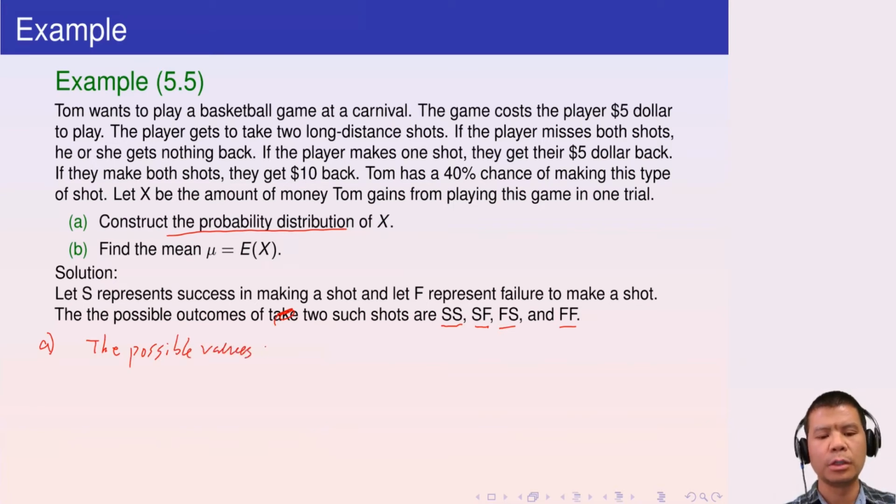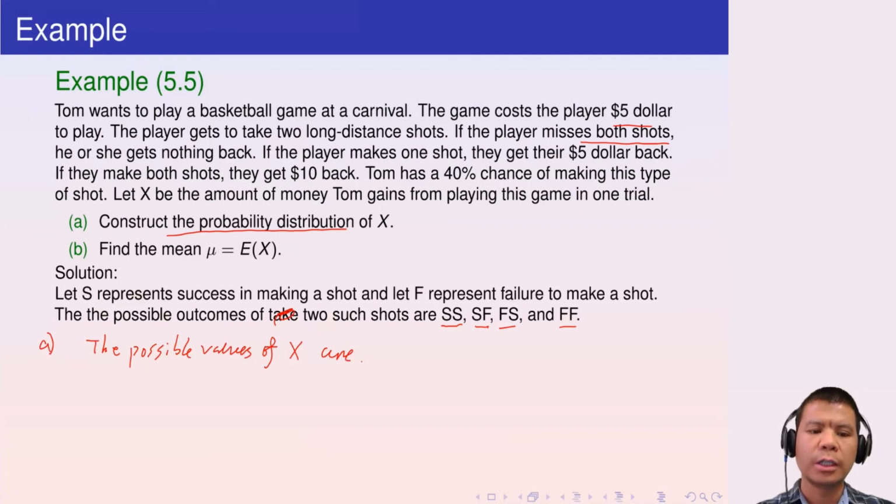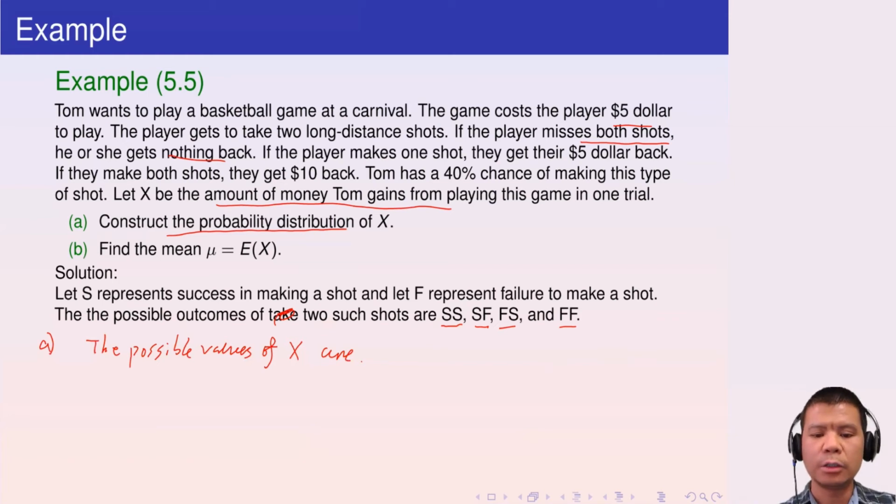Here, the player has to pay $5 to play. Now, if he misses both shots, he gets nothing back, but he paid $5. Then the amount of money Tom gains is going to be -$5.